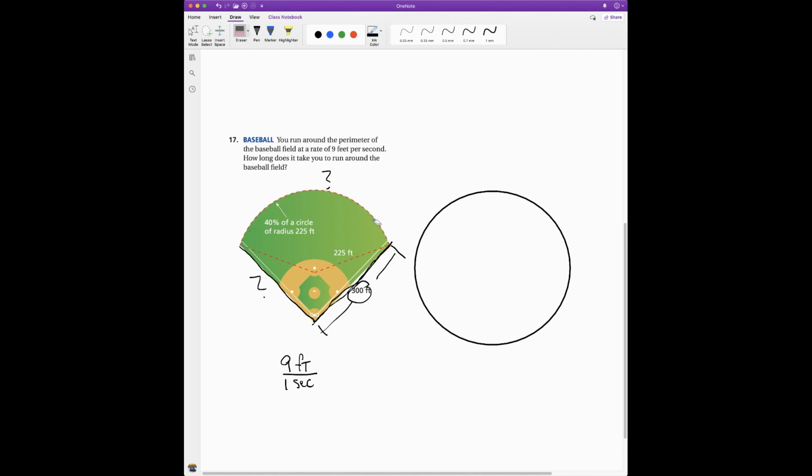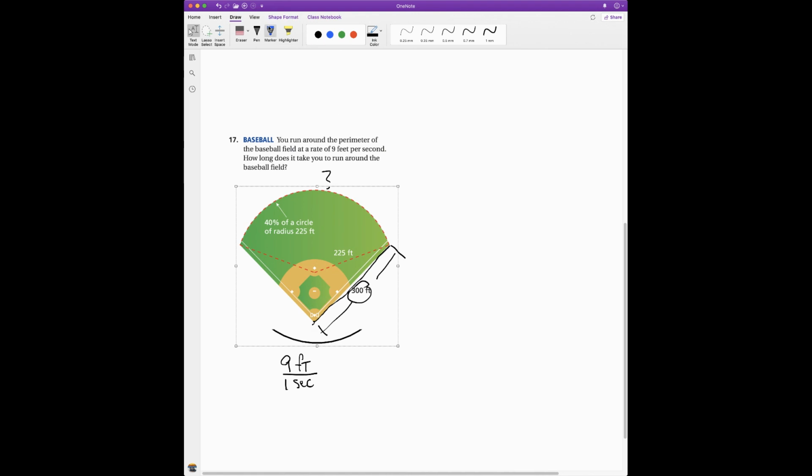So let me erase some of this stuff because I want to take this circle and move it. Let me grab this, and I want to move this circle so it's in a good position. I want to move it to the front.